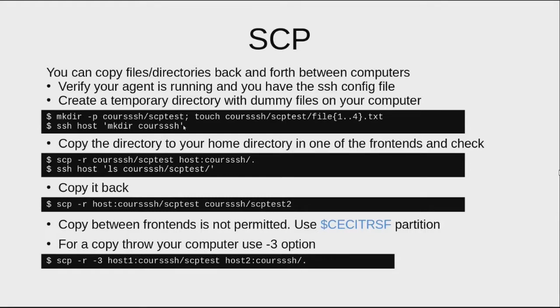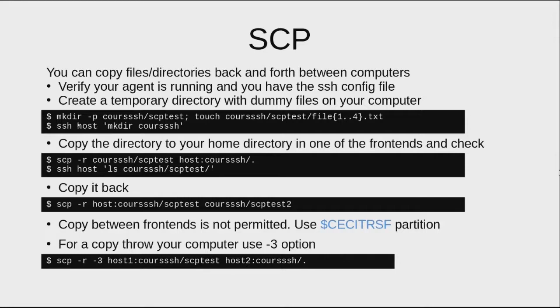Create a local repository with 4 empty files. Then create a repository on a remote host. Here you can see that you can execute commands without logging into a shell prompt, just typing SSH, the host, and the command.